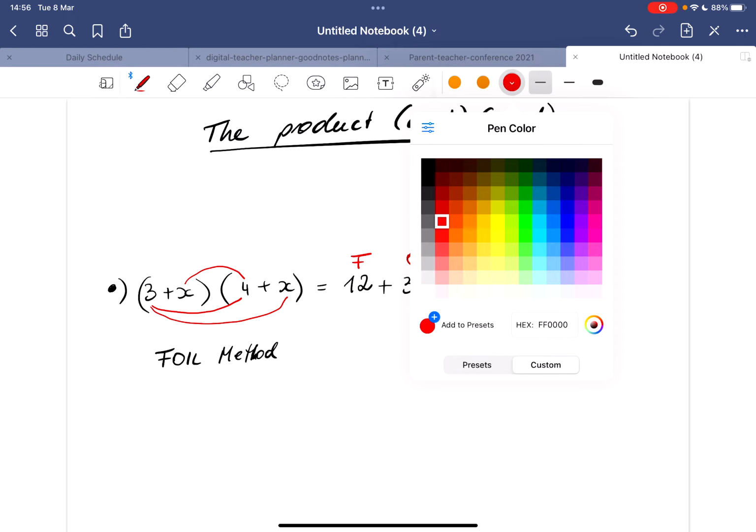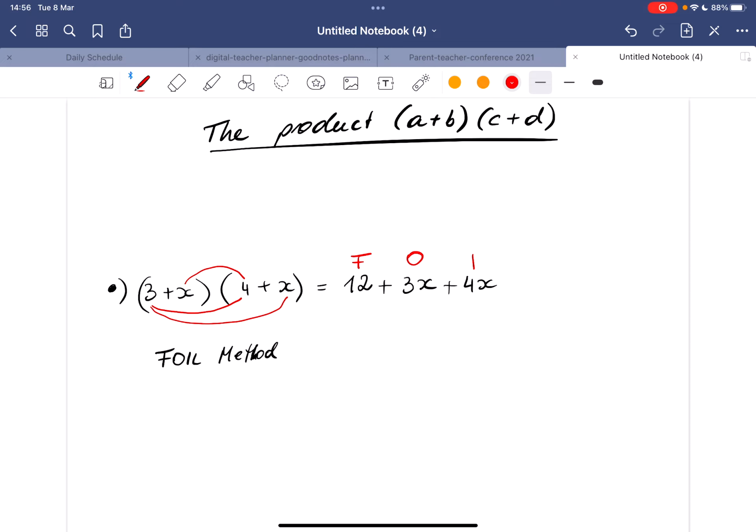And finally, we're looking at the L, which is the last term in each bracket, which is an x and an x. So we need to multiply those two. x times x gives me x squared. Again, positive, positive, and therefore I need to put a plus here. So I'm going to now simplify or collect like terms.